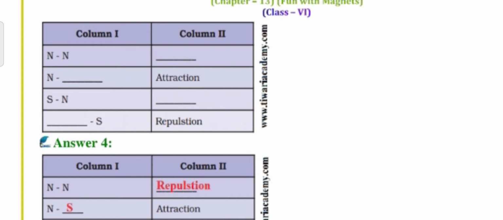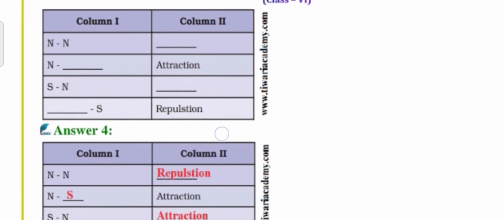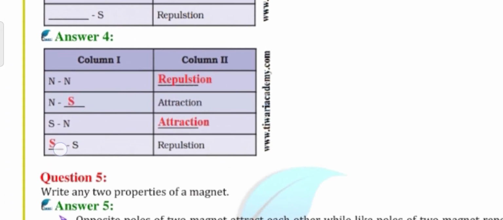So, for repulsion to take place, one of the poles is south. What is the required other pole? Yes, south. It is also south. So, two south poles are similar poles, so repulsion takes place.